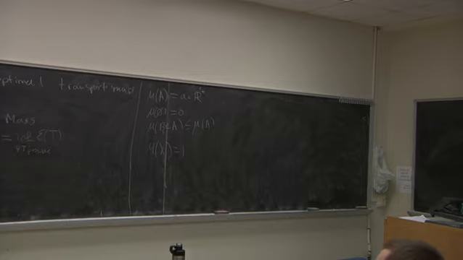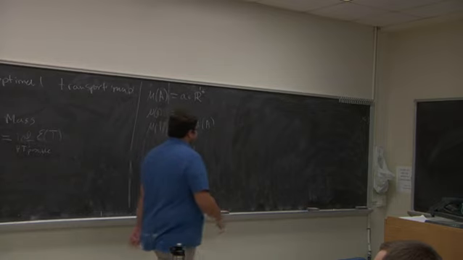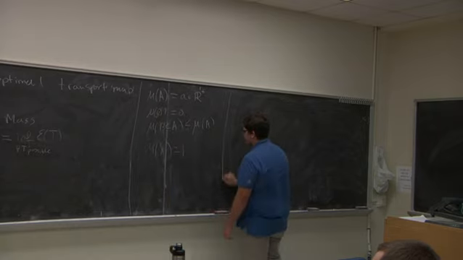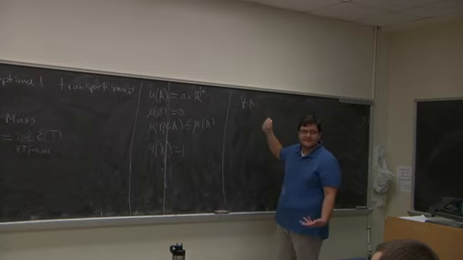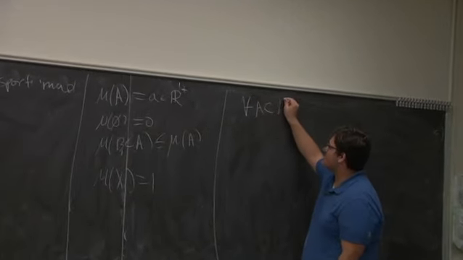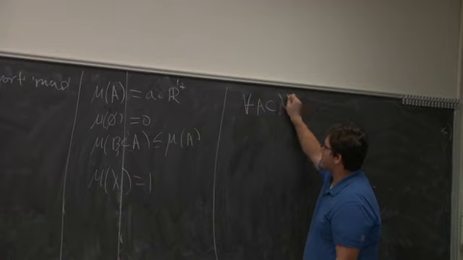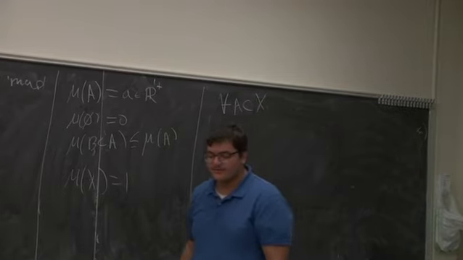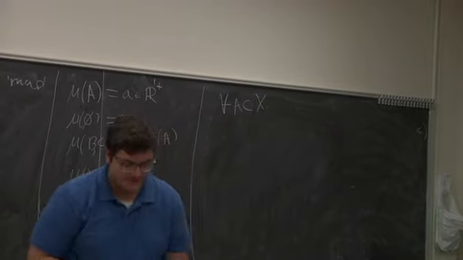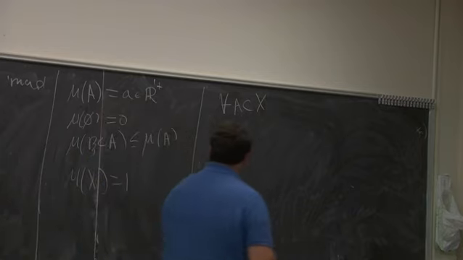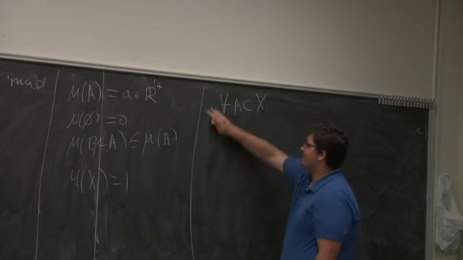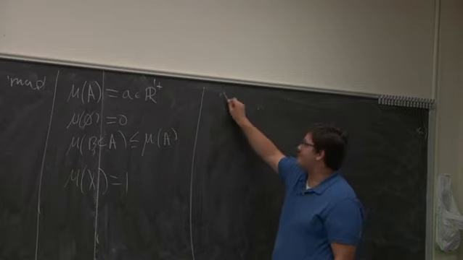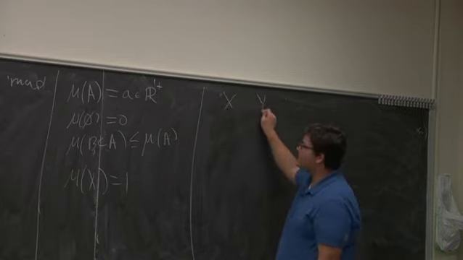So the first thing that we want to do is rewrite the following property. For all sets, for all open sets, doesn't really matter, that are a subset of our entire space X. I forgot to say: we're trying to transfer from space X to space Y, right?